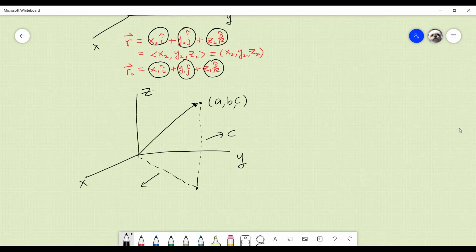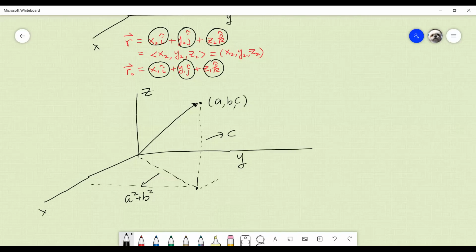This length will be the square root of A squared plus B squared, since this one is A and that is B. So therefore, what is this length?